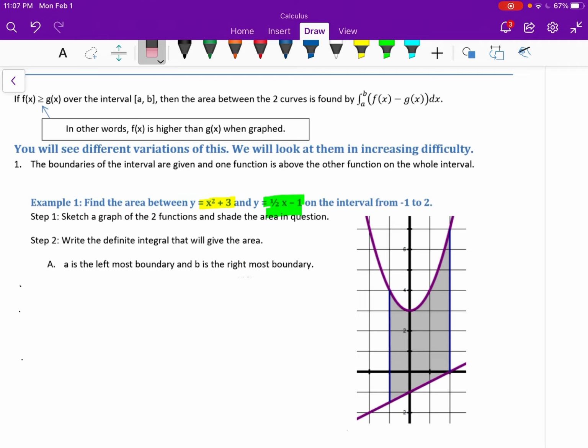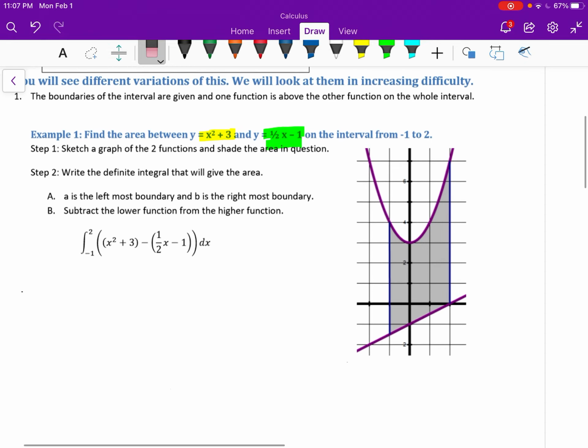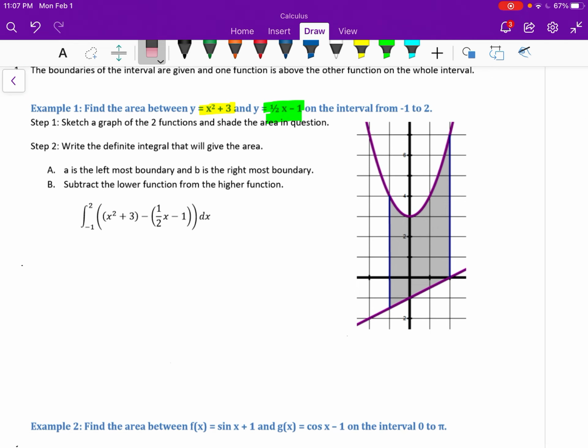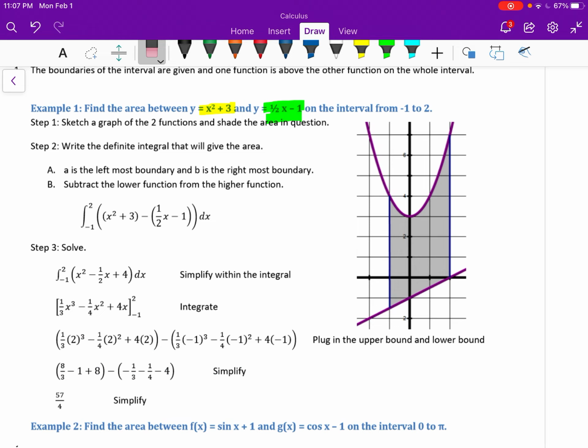So we're going to write that definite integral. So here it is, integral from -1 to 2 of the higher minus the lower. And then we can find that integral. We could simplify this first by distributing the negative and adding any like terms. And then we'll go forward with it and solve.